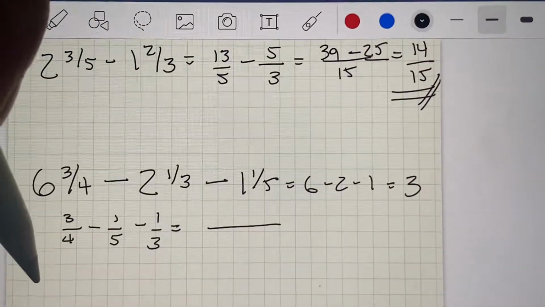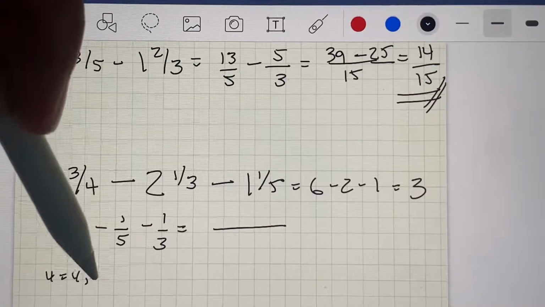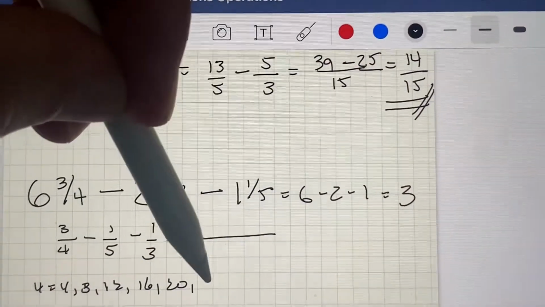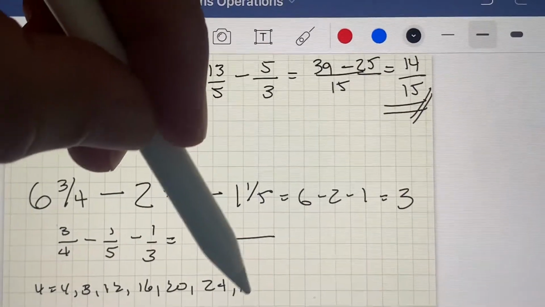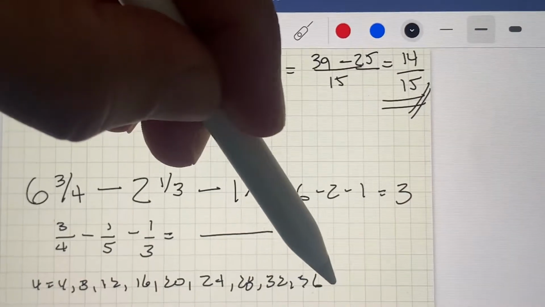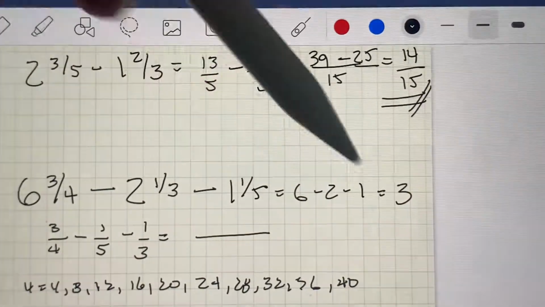So 4 is 4, 8, 12, 16, 20, 24, 28, 32, 36, 40.